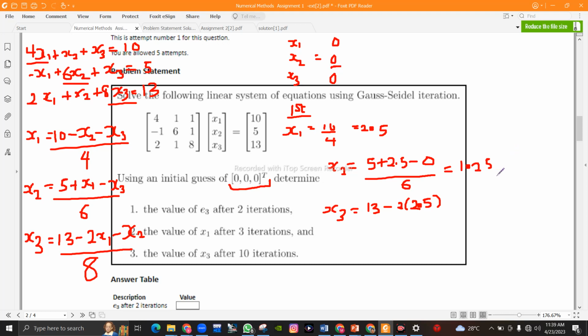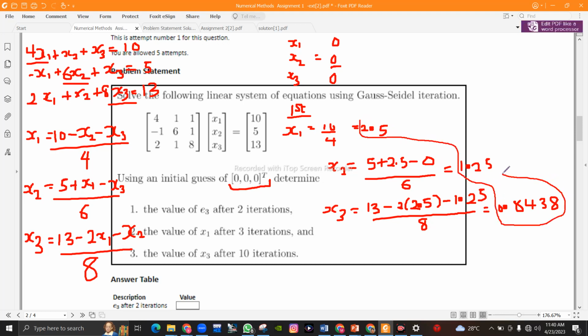That's the new value, 1.25. Minus 1.25, divided by 8. If you calculate that, you're going to have 0.8438. And that's the difference between Jacobi iteration and Gauss Seidel iteration. So this is now our new value after the first iteration, the value that we will take to the second iteration. So let's move on.